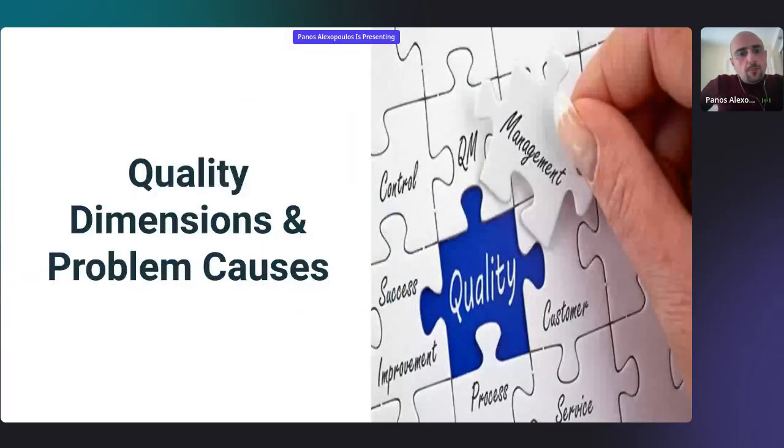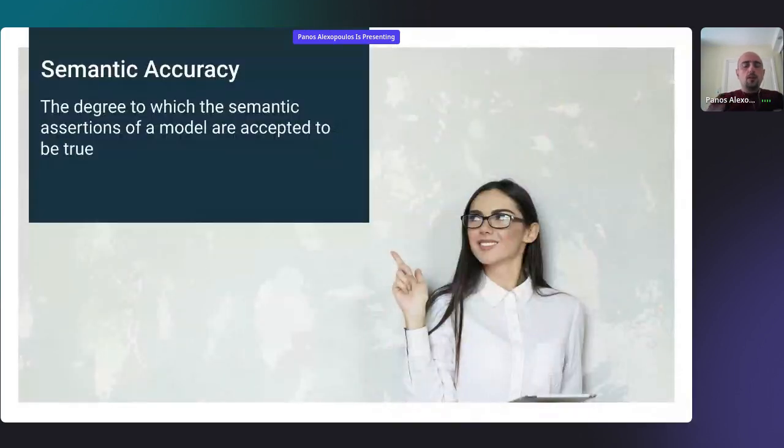Okay, so let's talk about the quality dimensions and the typical problems that we see in this dimension. The first and foremost dimension is semantic accuracy. When we have a semantic model, a knowledge graph, the question of accuracy is: what is the degree to which every semantic assertion of a model is accepted to be true?